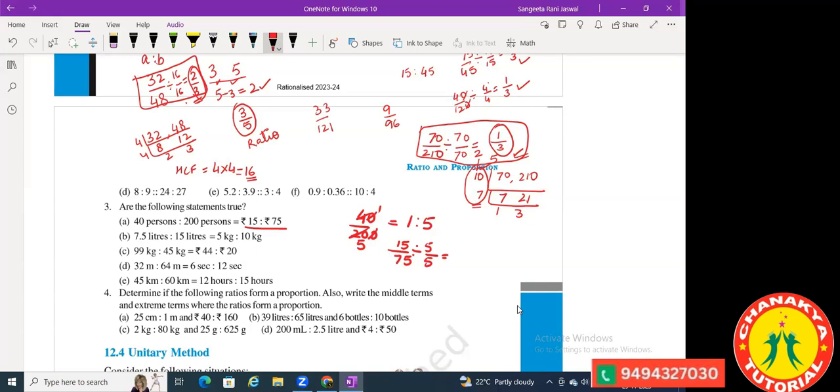So 5 3s is 15 and 5 into what will you get as 75? 15. I multiply 5 with 15, I'll get 75. Now again this can be reduced if I divide this by 3. Both the numbers are divisible by 3. Both these numbers come in the table of 3. 3 ones is 3 and 3 fives is 15.